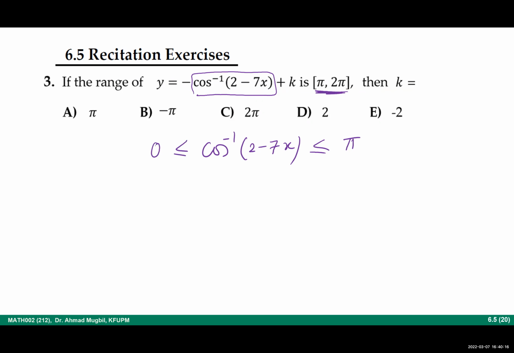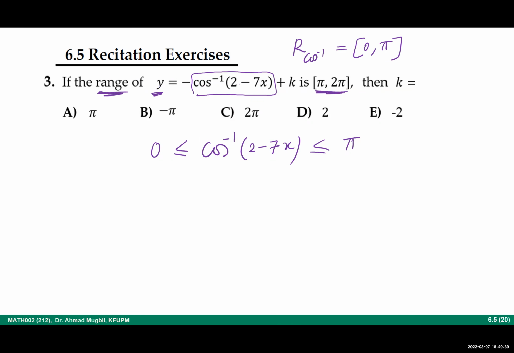From where do we bring this one? From the range. Let me remind you here. The range of cosine inverse, whatever is inside it, is the closed interval 0 and pi. So this is why we have this. Okay. Now what we will do, we will build our y. The question is about the range, so it is about y. Where is y?